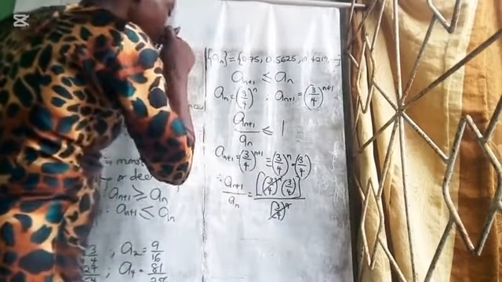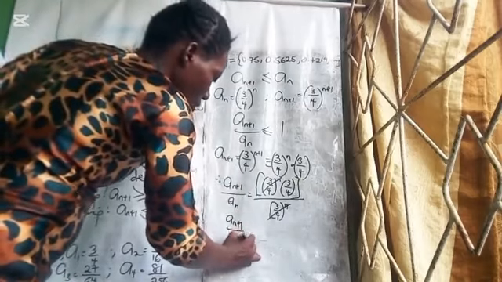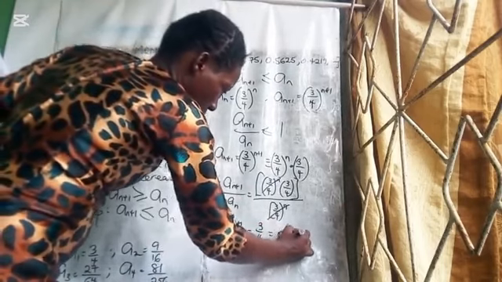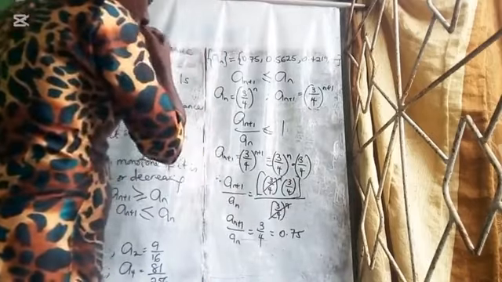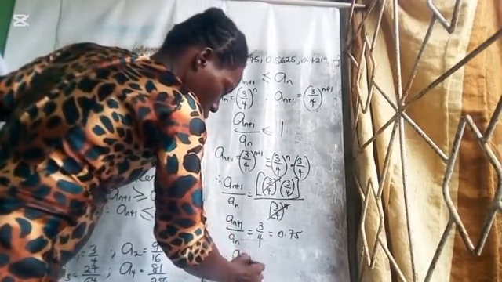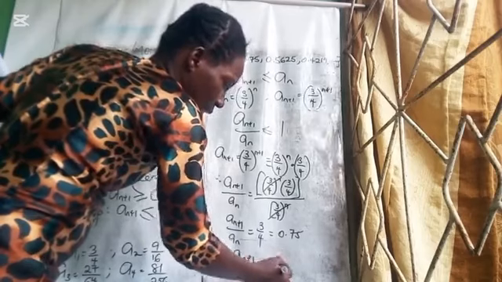This removes that, and we have a sub n plus 1 over a sub n equals 3/4, and that is 0.75. That means a sub n plus 1 over a sub n is less than 1. We can take another example.